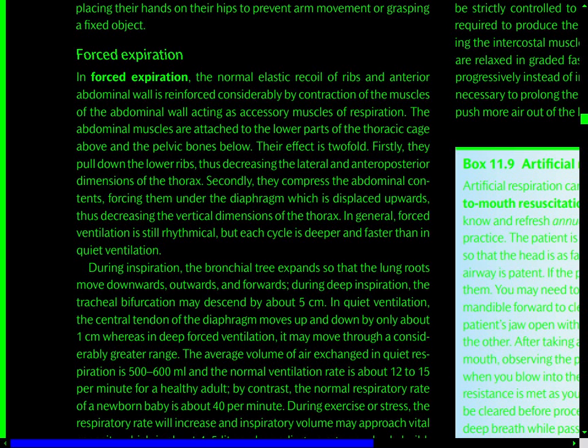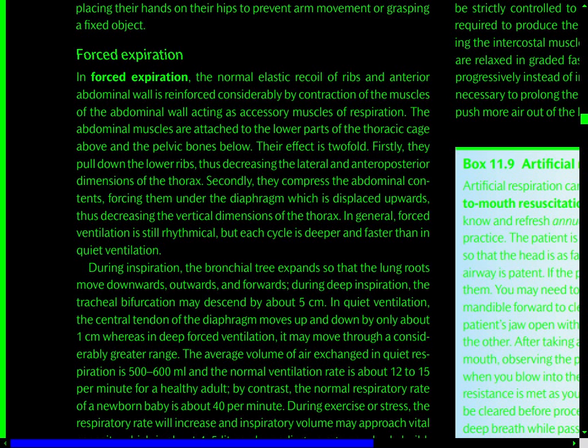Second effect of abdominal muscles. They compress the abdominal contents, forcing them under the diaphragm, which is displaced upwards, thus decreasing the vertical dimensions of the thorax. So again, they also act on the thorax, decreasing its size.